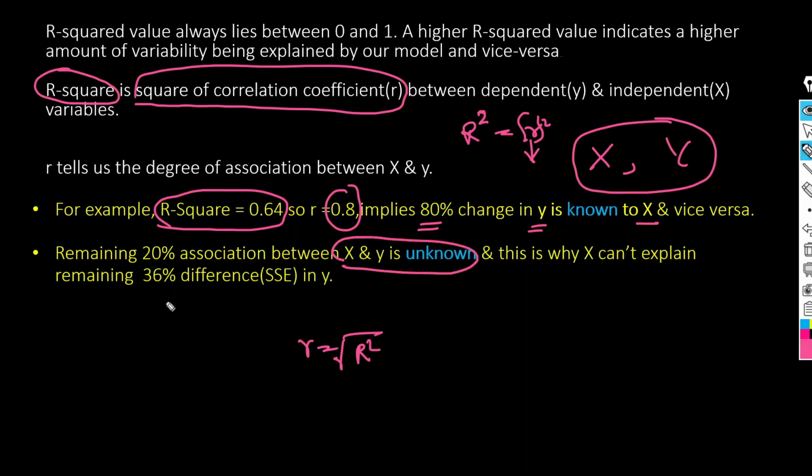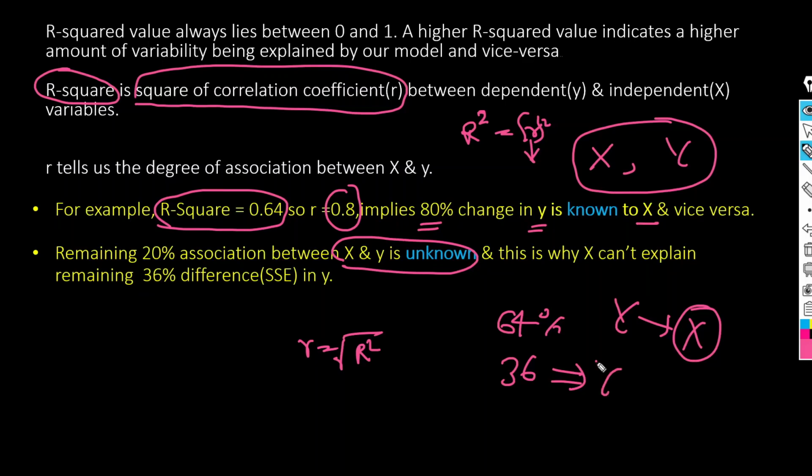Because 64% we are able to explain with the help of the independent variable, we can say that 64% change in y we can explain with the help of x, and 36% change in y we cannot explain with the help of x. So we use R squared to evaluate the linear regression model performance.